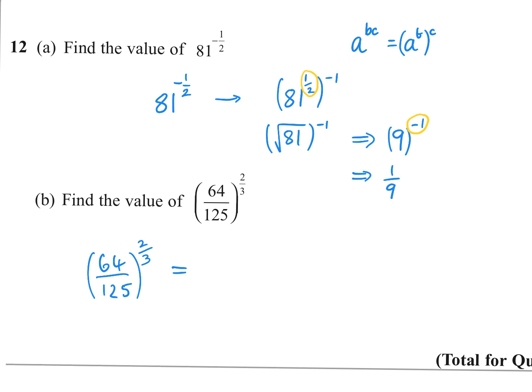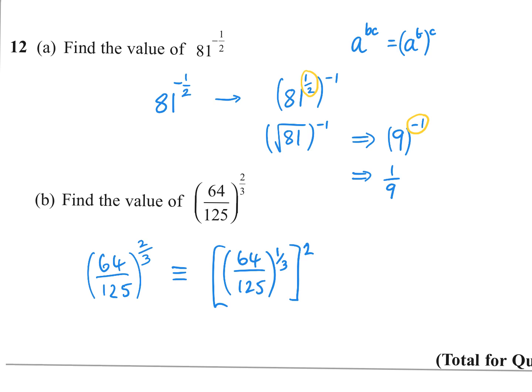Part B, we've got 64 over 125 to the power 2/3. Well, I would definitely look at this as being 64 125ths, and I would say look at that to the power 1/3, which is the third root, and then square.